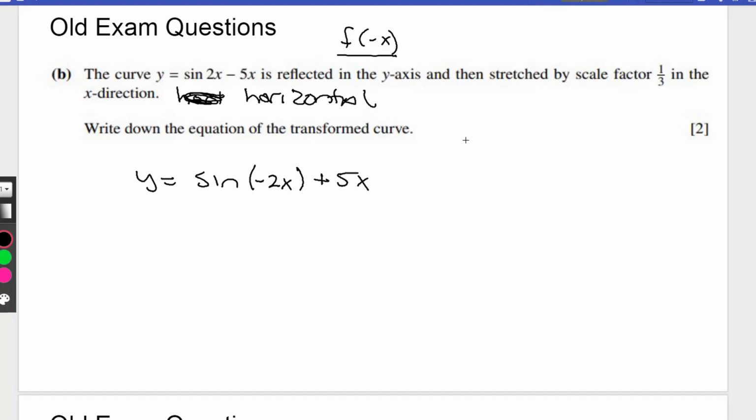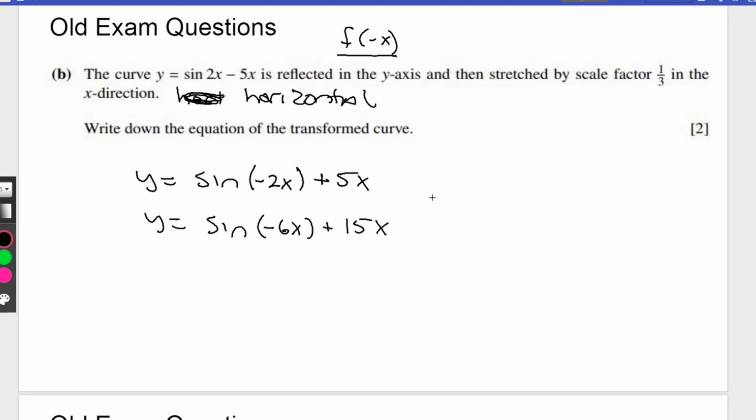Then it says we're going to stretch it by a scale factor of 1/3, horizontally, so that means we multiply every x by 3. So now this is going to be negative 6x, and then plus 15x.